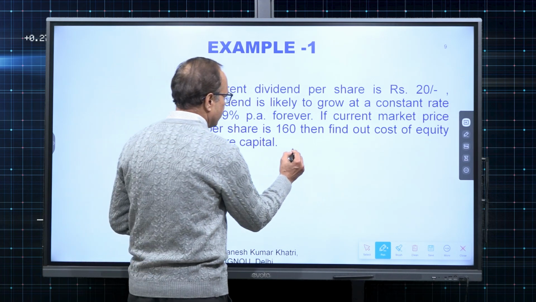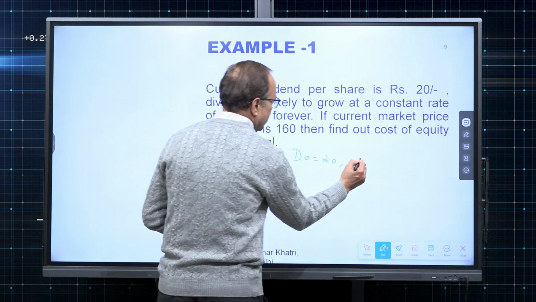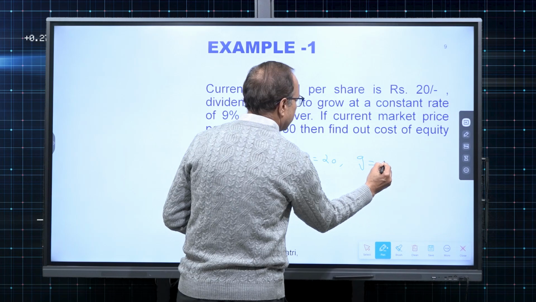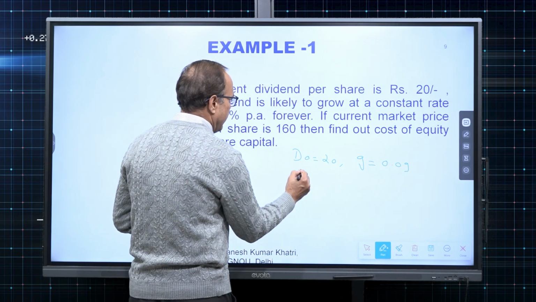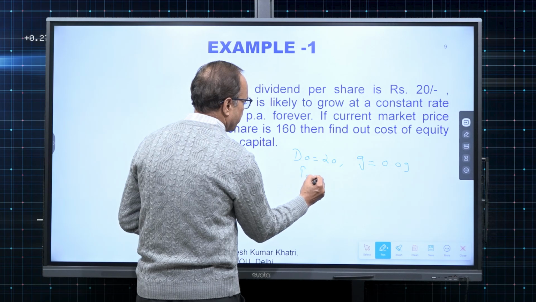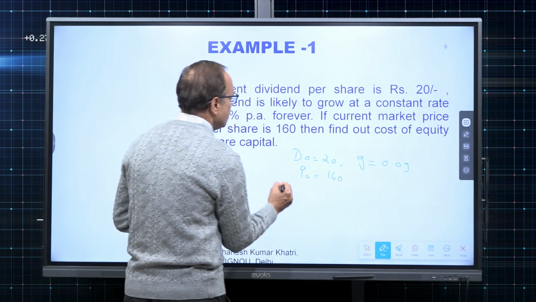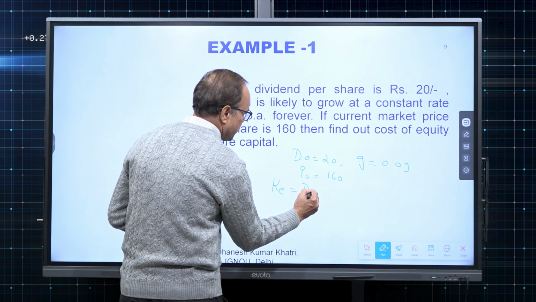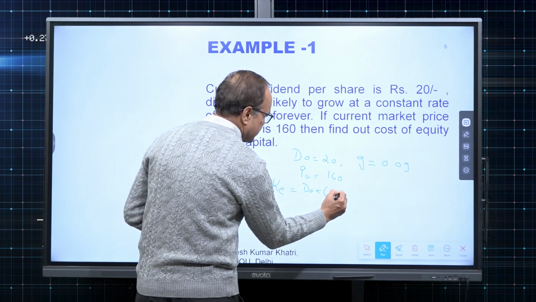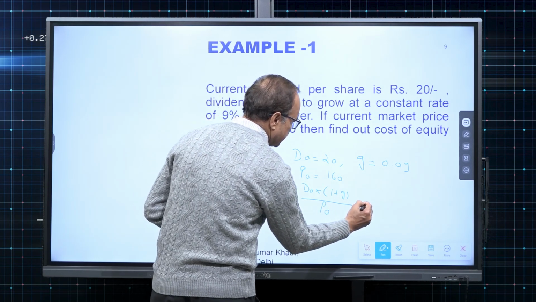In this case, D0 is given as 20, the constant growth rate is given as 9%, which is written as 0.09, and P0, which is CMP, is 160. So use the formula KE equals D0 multiplied with 1 plus G, divided by P0, plus G.